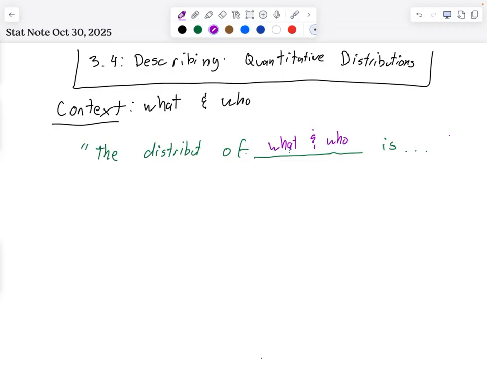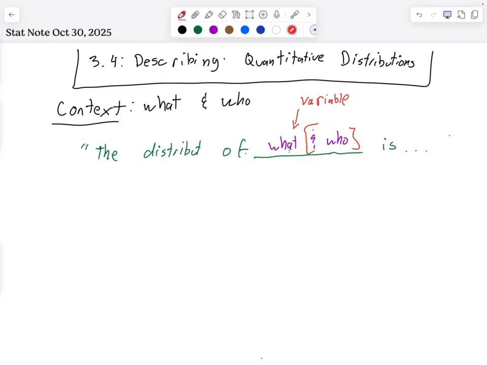The distribution of, we're talking about what is the variable that we are measuring, okay? So what is the distribution of, and we say the variable. So when we say what, we're referring to the variable. And then who. The most important thing is you need to give me the variable.